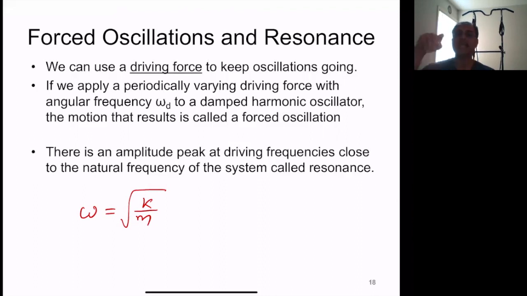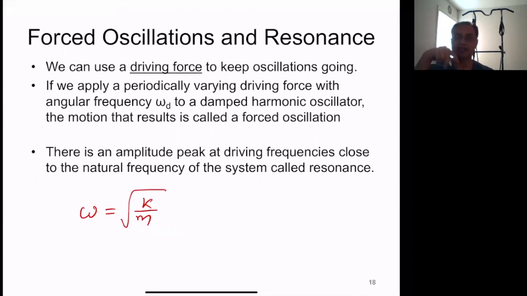So this is called the natural frequency of oscillation of the system. Natural in the sense that you're not making the system oscillate in any way. You're just letting it oscillate the way it wants to. Right? However, it's certainly possible to force a system to oscillate in a certain way. And in that case, you have to apply a periodic force, which is called a driving force.